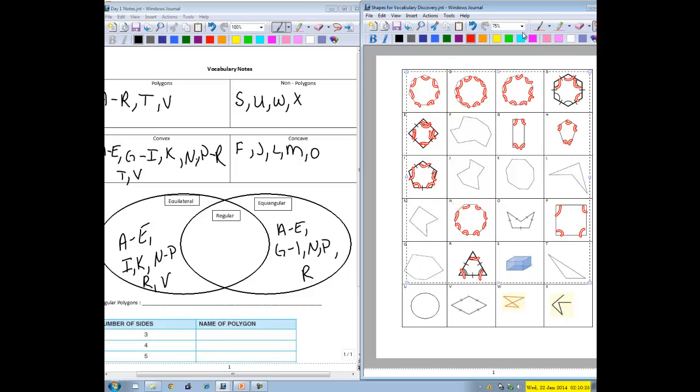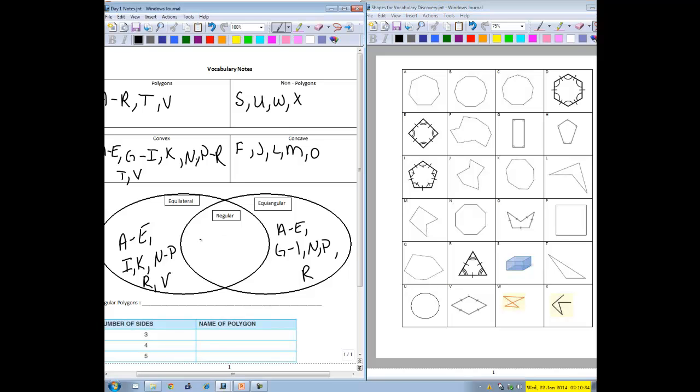Now, the ones that have both equilateral and equal angular, so the ones that we have the same, are called regular polygons. So A through E are regular polygons.